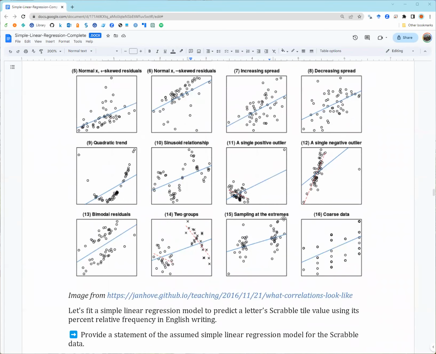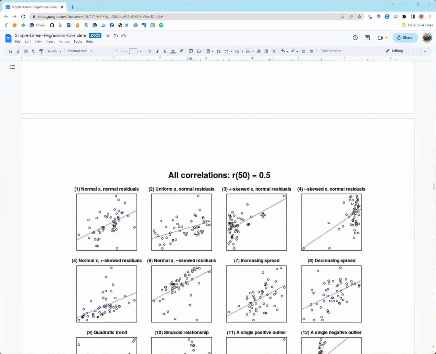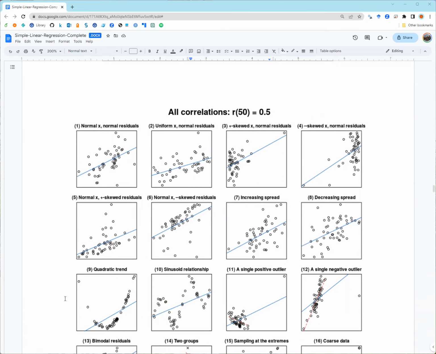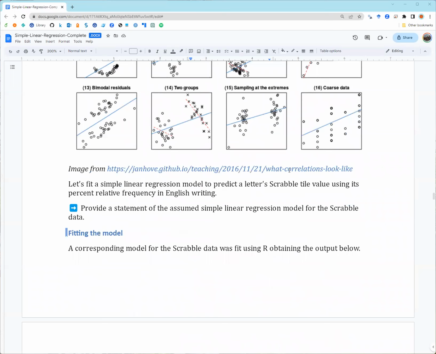And then some more settings. So the main takeaway, there's many different data sets that if you only looked at the correlation coefficient, you may get one idea about what's going on in the data, but you really need to create a scatter plot to get an idea about what's going on. It's always important to visualize your data. Okay.